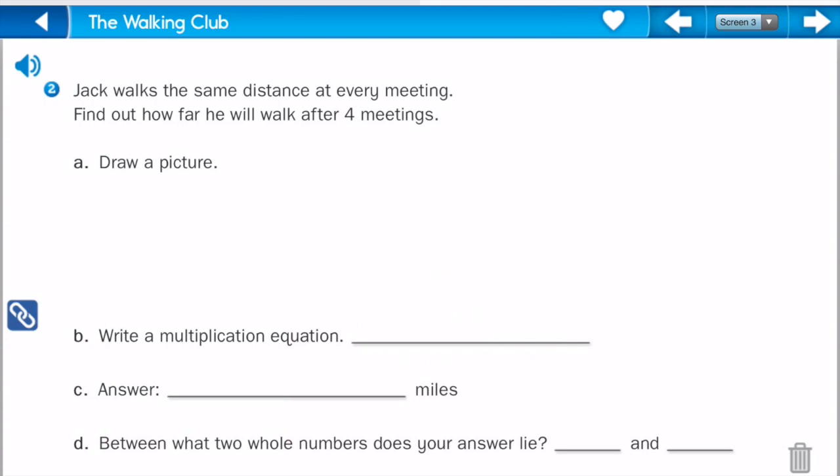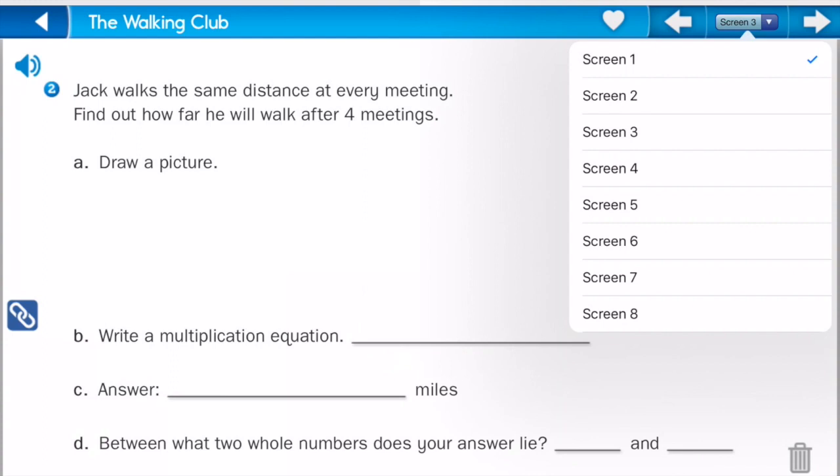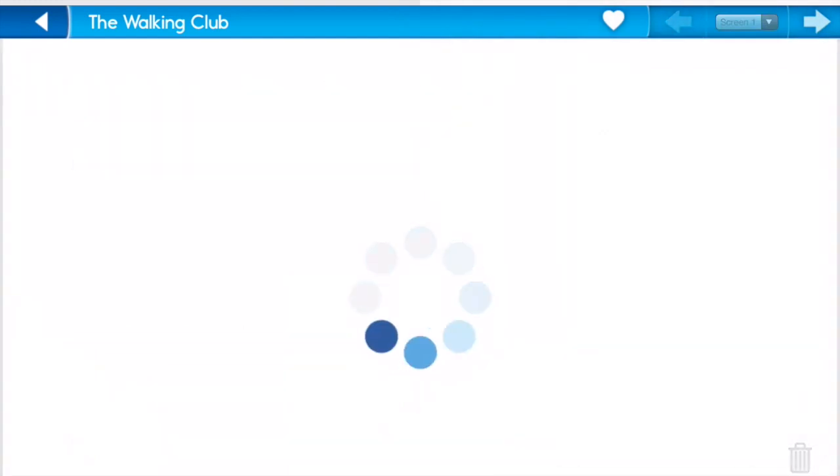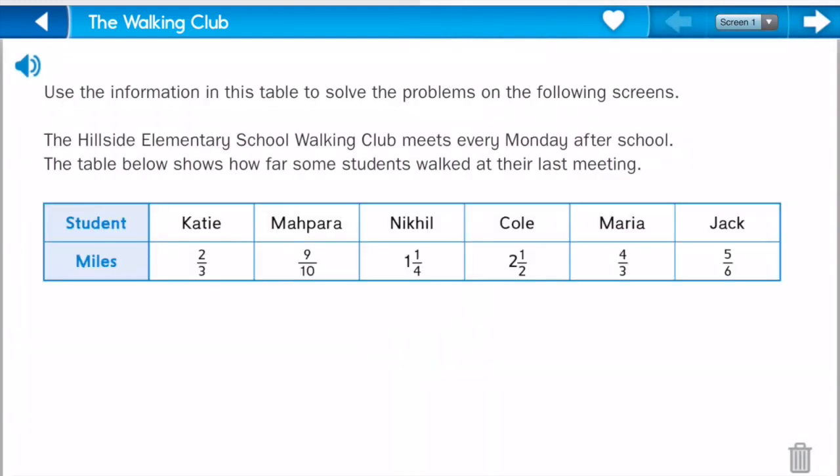All right, Jack walks the same distance at every meeting. Find out how far he will walk after 4 meetings. So let's see how long Jack walks on the first screen. All right, looks like Jack walks 5/6 of a mile.